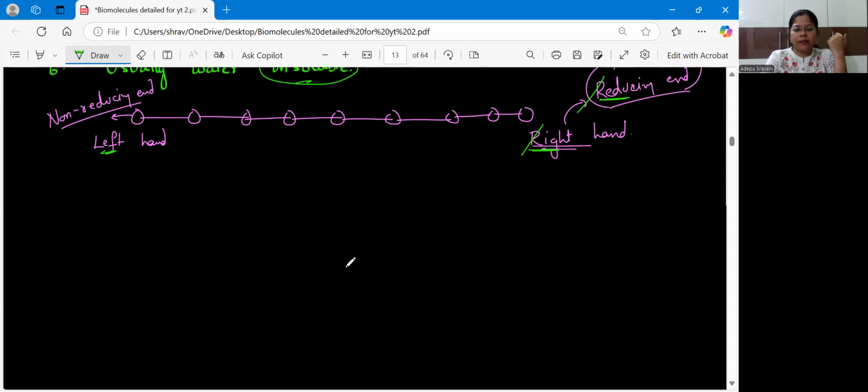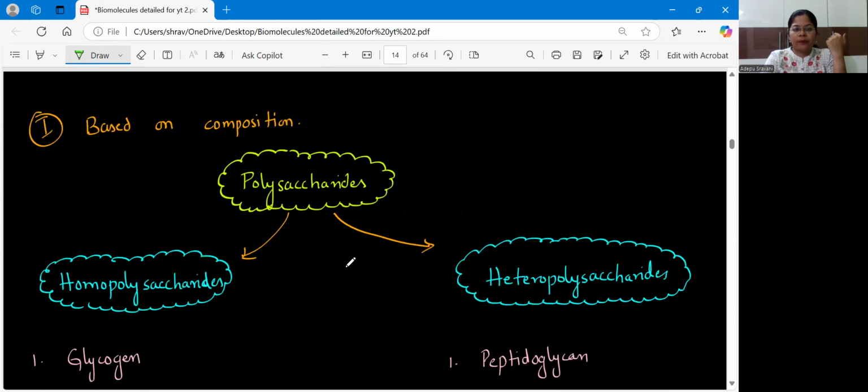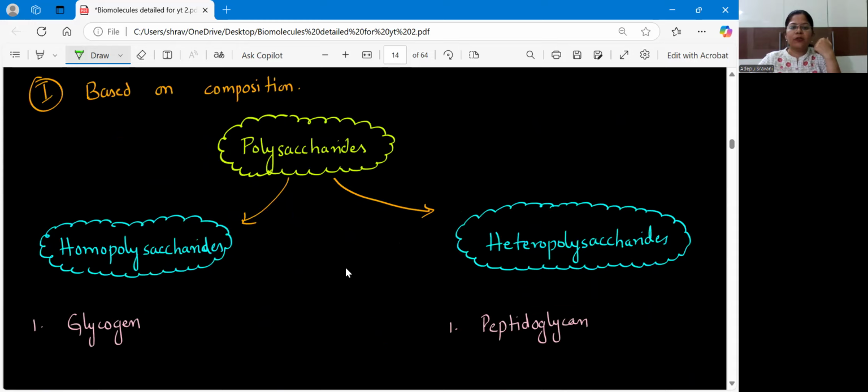Next, we'll classify these polysaccharides into different categories. The first classification is based on composition, or which components they are made up of. Polysaccharides can be of two types: homopolysaccharides and heteropolysaccharides. Homo means same. So if all the monosaccharides are of the same type, we call it a homopolysaccharide.